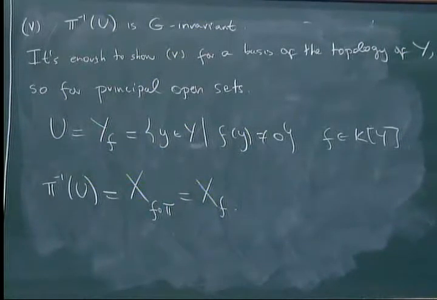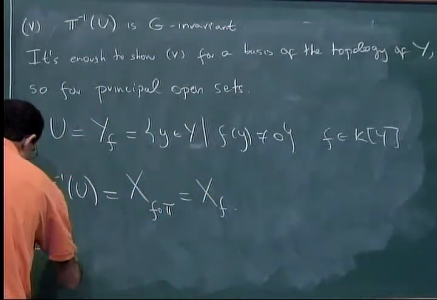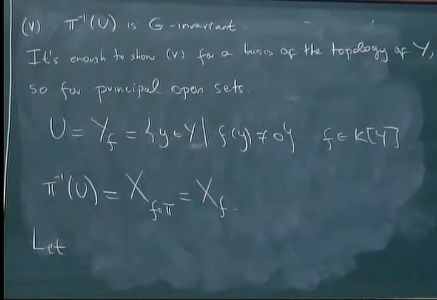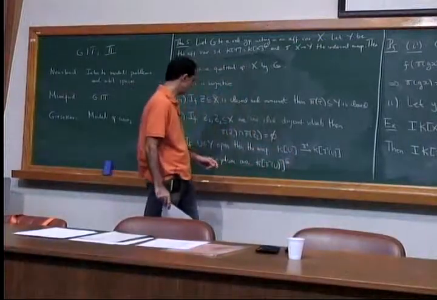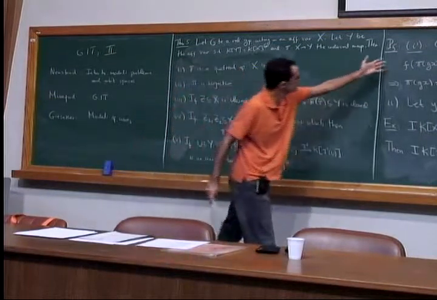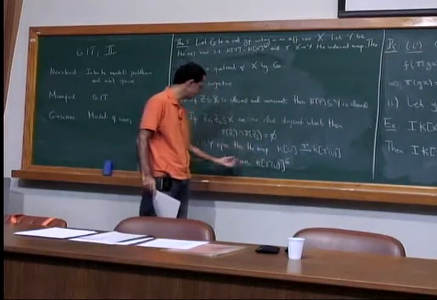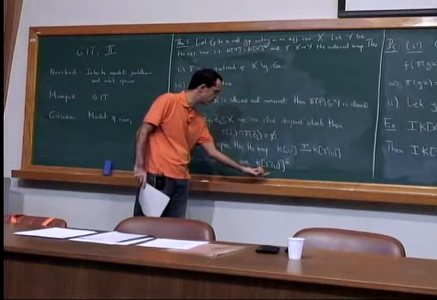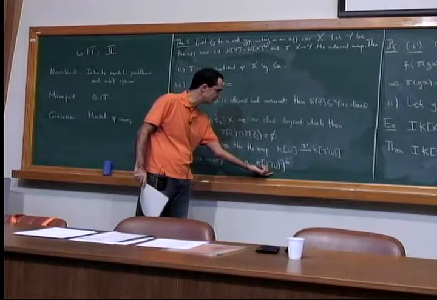So F is an invariant function on X, and the inverse image is this principal open set. And now what we have to show is the following. Since the map is surjective, this is injective. And of course it factors through here. And so what we have to show is just that it surjects onto this. So I'm going to pick an invariant function here and show that it comes from a function on U.